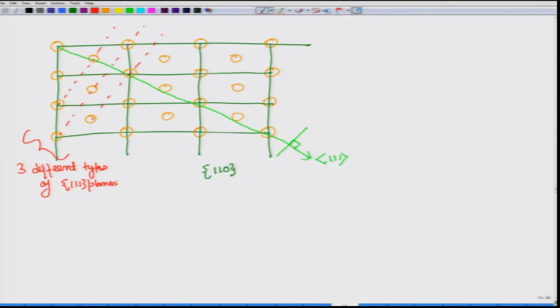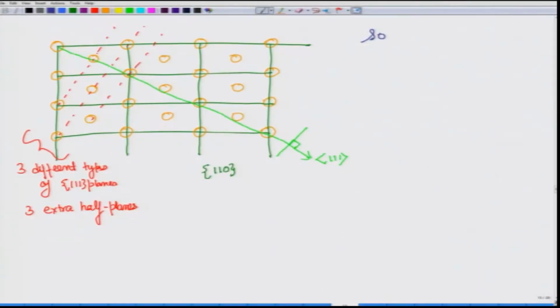So, if you had formed an extra half plane, there will be 3 extra half planes. So, this is again different from what we have learnt about simple systems or even FCC. Here you have 3 different planes for the 111 planes, and because there are 3 different planes, there will be some difference in the behavior.